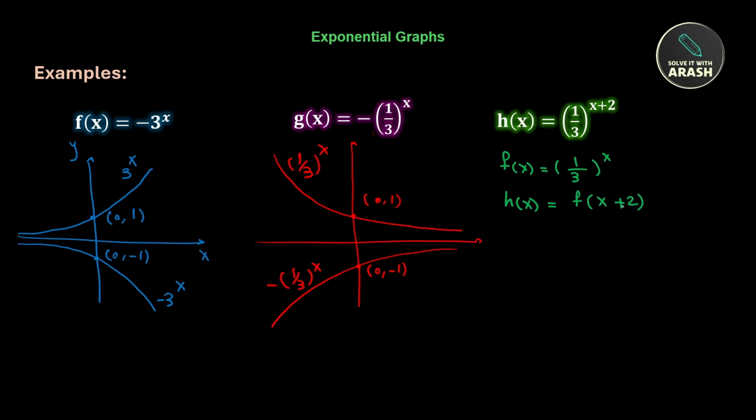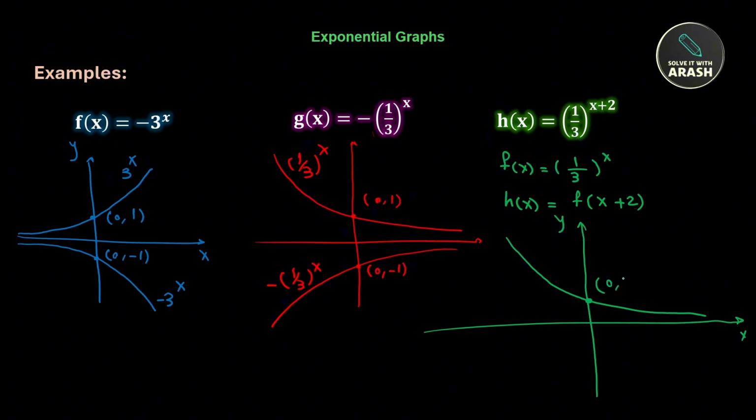When we replace x with x plus 2, it means to shift the graph of f of x 2 units to the left. So I start with the graph of f of x, which is a decreasing function with y-intercept at 0, 1.